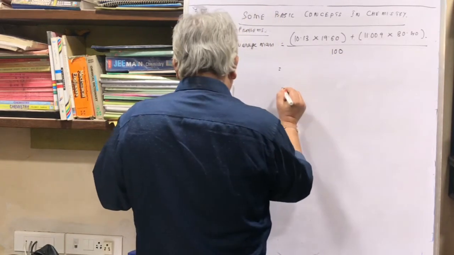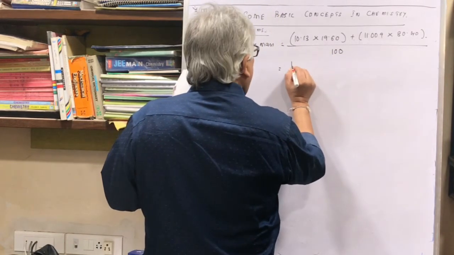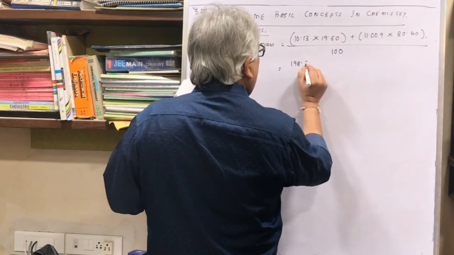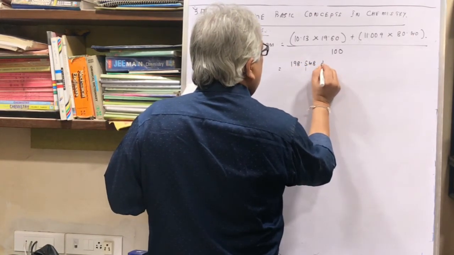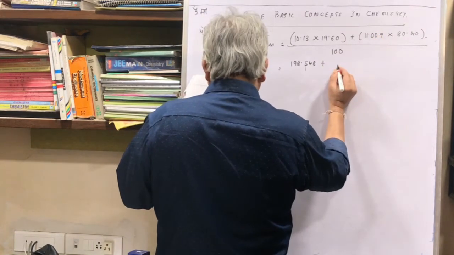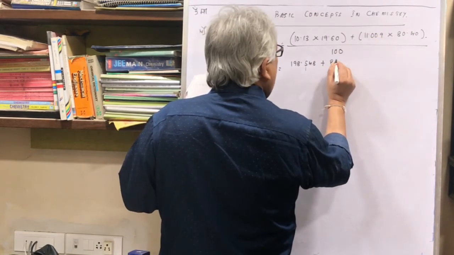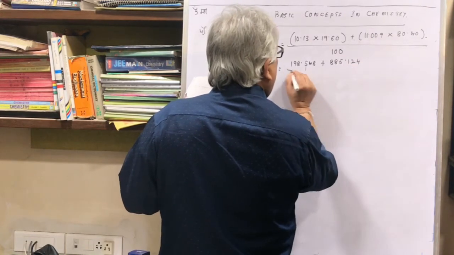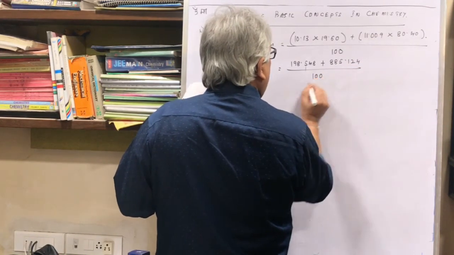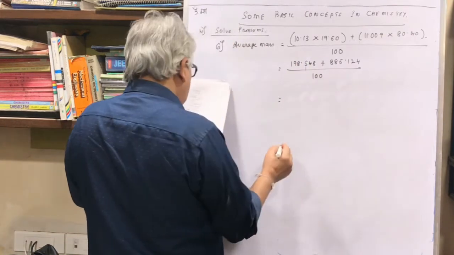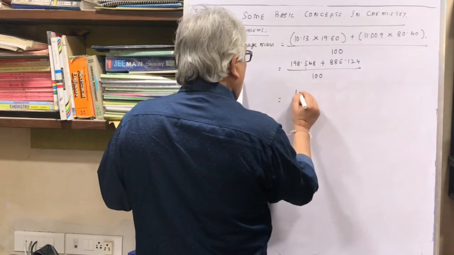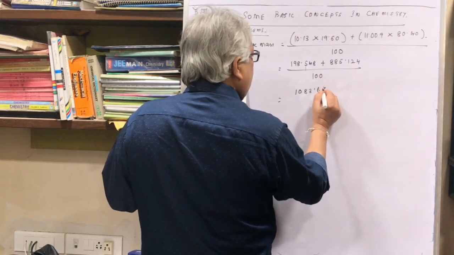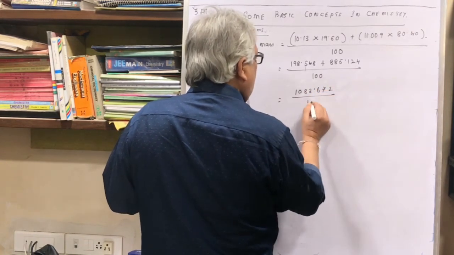So next thing what I get is, this will be 198.548, and this value will be 885.124 divided by 100. So next thing, when I add this comes to 1083.672 divided by 100.